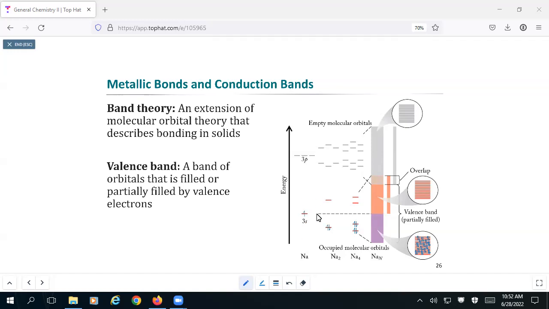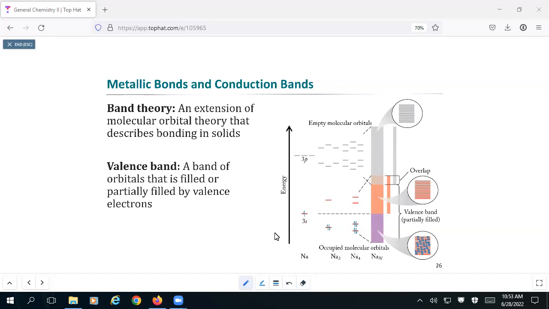when we have electrons in these orbitals, let's take a look at sodium here. Sodium's electron configuration is neon 3s1 and then 3p0. If I put two sodiums together and they make a metallic bond, now I have 2 s orbitals and 6 p orbitals.